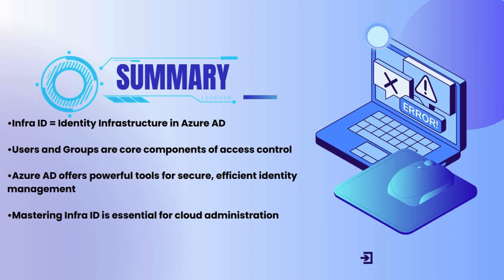Points to remember: Entra ID is your identity control center in Azure, and use RBAC to avoid giving too much access. Groups simplify user management. Conditional access and MFA protect against hackers. Automate where possible to save time and errors.